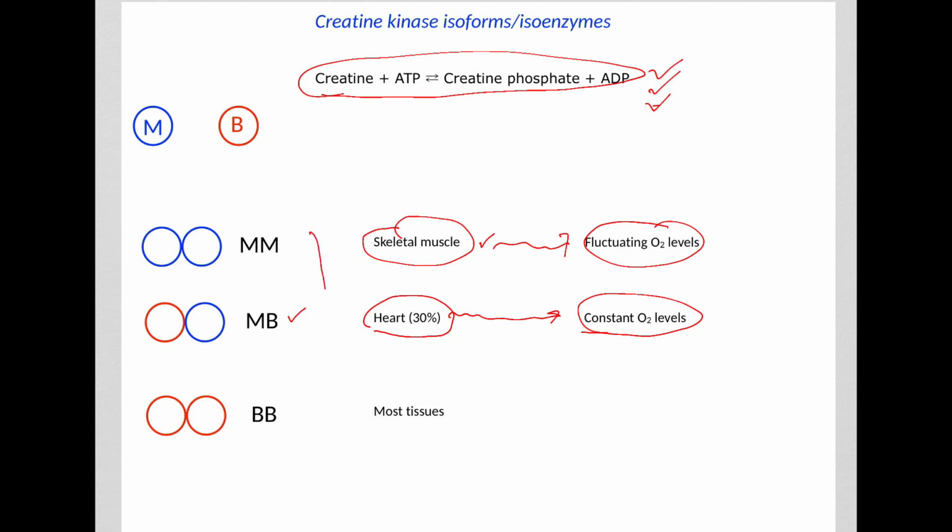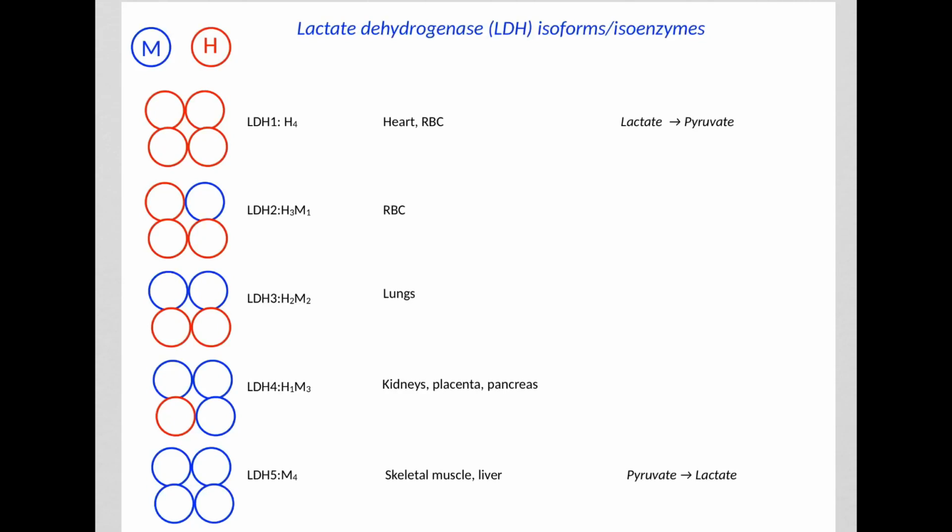So the different isoforms of a protein, or isoenzymes of an enzyme, are made so that they work better in their respective tissues.